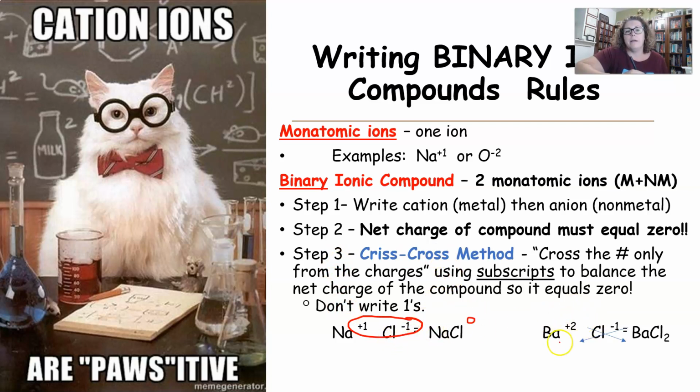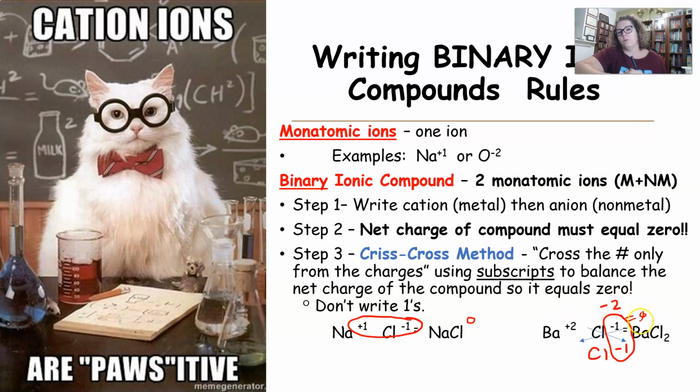But what if I had barium and chlorine? Barium loses 2, but chlorine gains 1. But it still has to equal 0. So you can't lose barium, but you can gain another chlorine. If you add another chlorine, negative 1 and negative 1 equals negative 2, and that gets you to neutral.